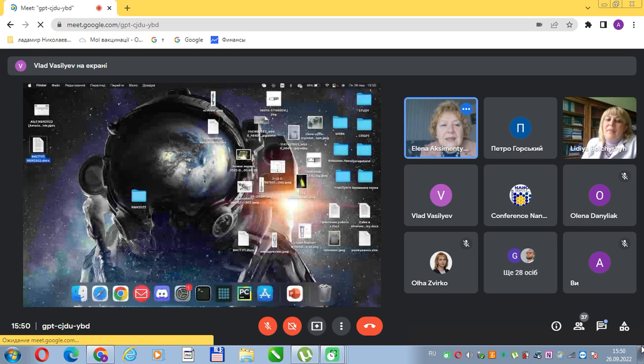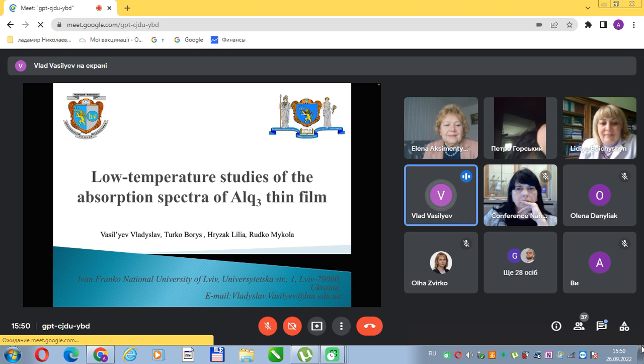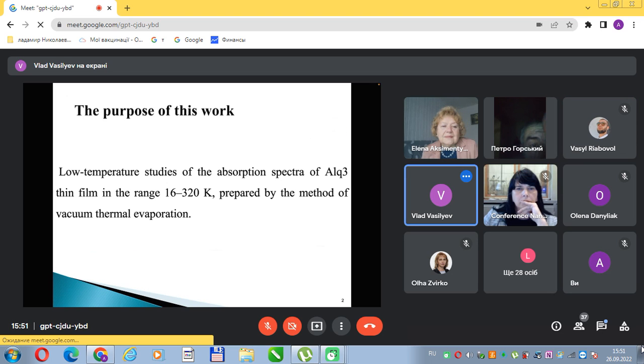Okay, the theme of my research is low temperature studies of the absorption spectra of aluminum Q3 thin film. The purpose of this work is low temperature studies in Q3.